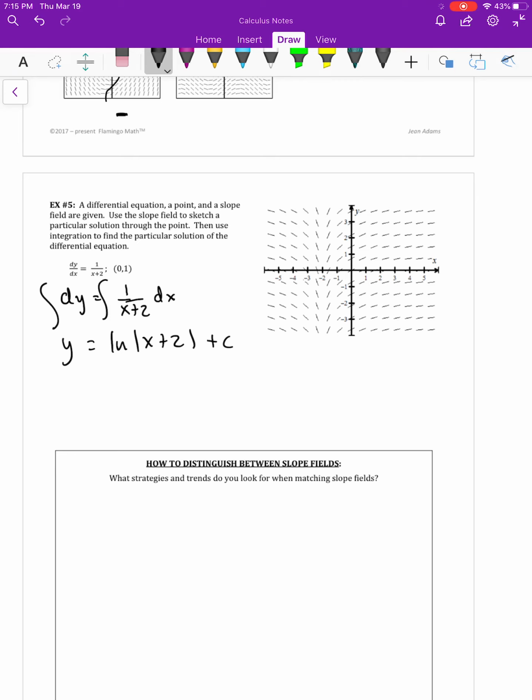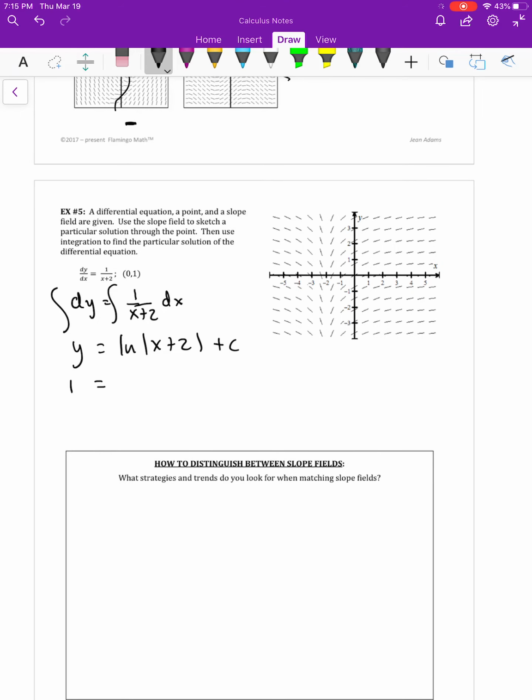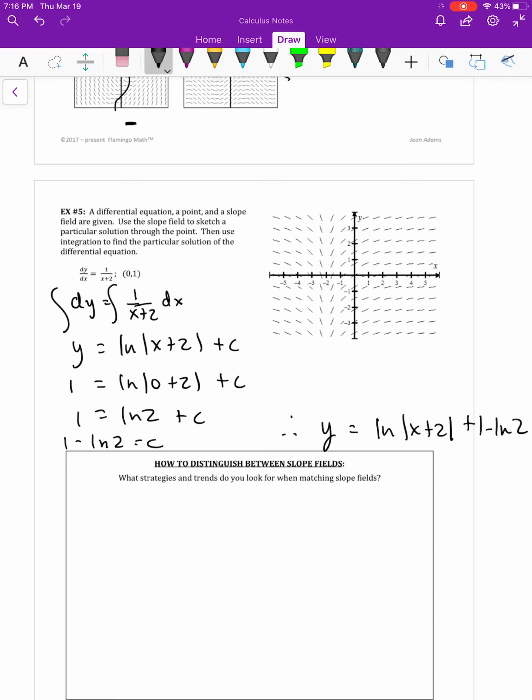And they gave us a point. They said y is 1 when x is 0. And so 1 equals the natural log of 2 plus c. So 1 minus the natural log of 2 is my c. And therefore, my y is going to equal ln of the absolute value of x plus 2, plus 1 minus ln 2.